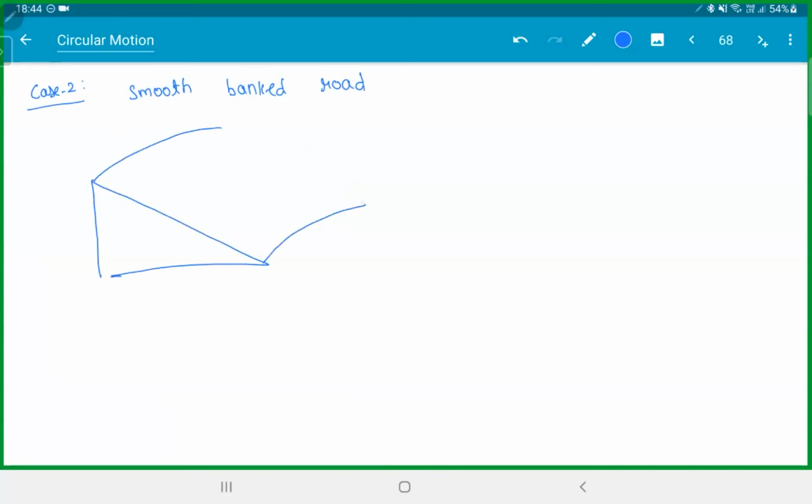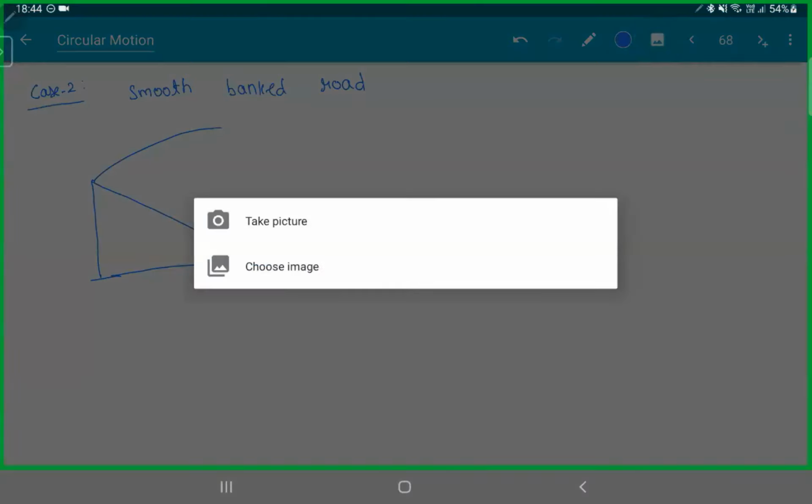So let's take case 2, which is a smooth banked road. So we will take a smooth one. Later on, we'll take a rough one also. Means you construct the road like this. How does this look?